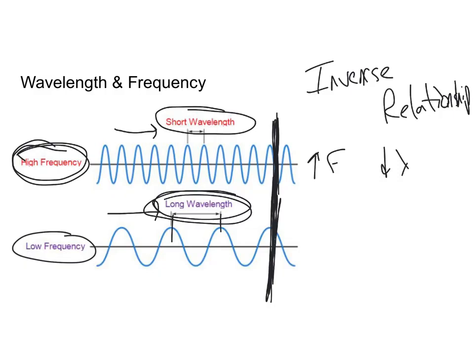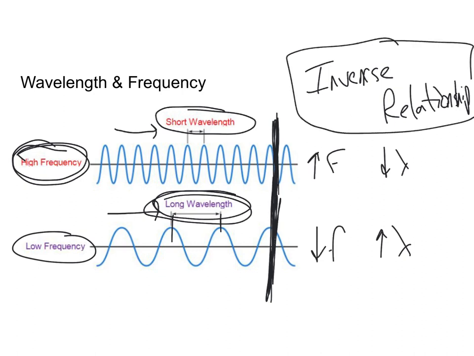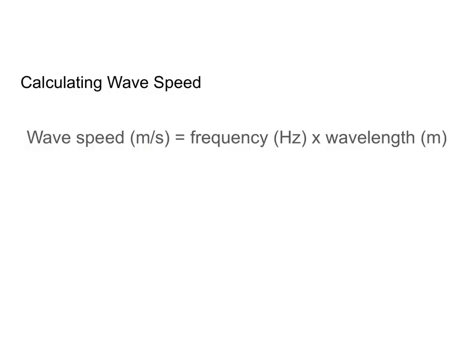And as my wavelength goes up, my frequency goes down. So they have an inverse relationship to each other. So given that the wave speed is the same for two waves, frequency and wavelength have an inverse relationship to each other. But we can actually calculate our wave speed, our frequency, and our wavelength of a wave, given that we have two of the other values.